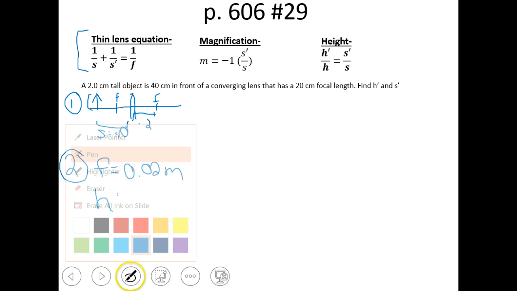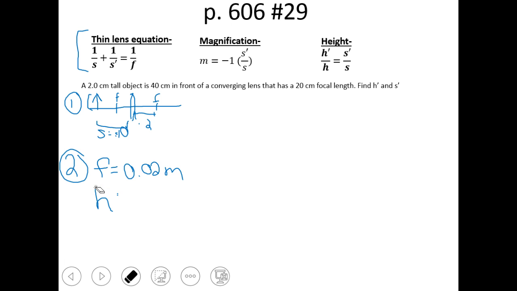Yeah, I did the focal length wrong. My focal length is 20 centimeters. Whoops. That's why I draw it and do this. So focal length is 20 centimeters, so that's 0.2 meters. The height is 2 centimeters, so that's 0.02 meters. And then my object distance, S, is 40 centimeters, which is 0.4 meters.